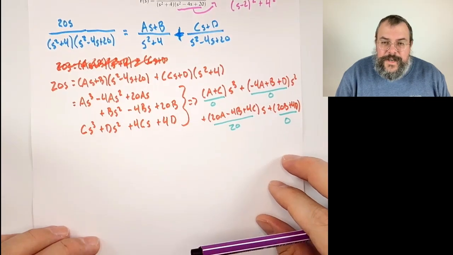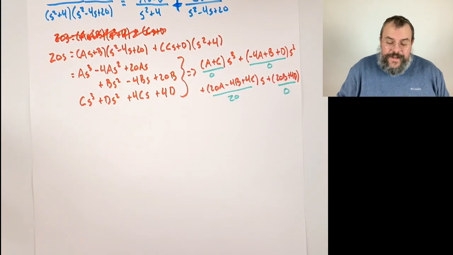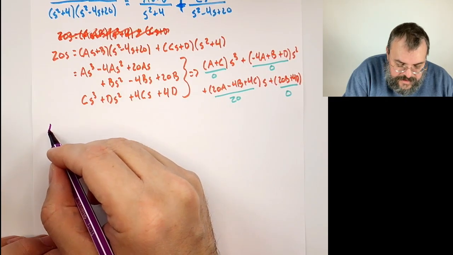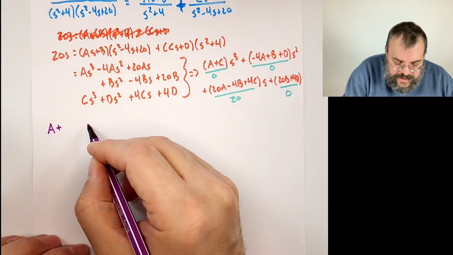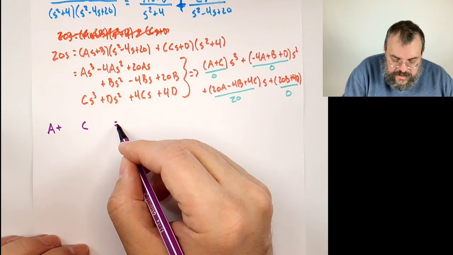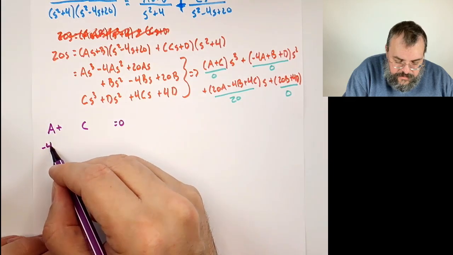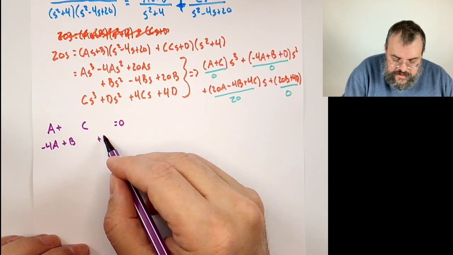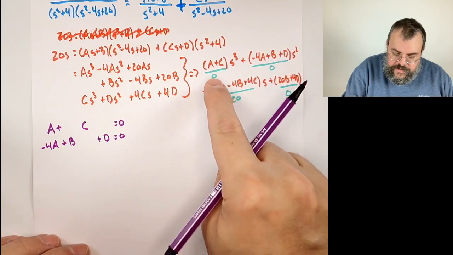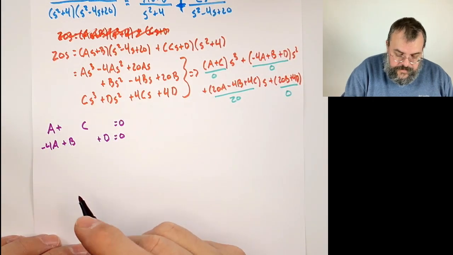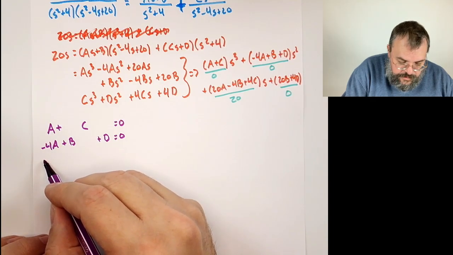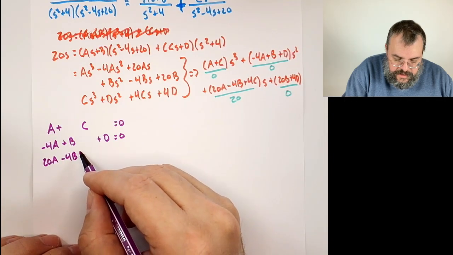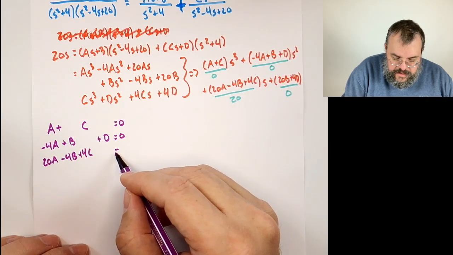So here we go. Let's do augmented matrix style. So how does that work? We're just going to set up our equations. Again, a plus c equals 0, minus 4a plus b plus d equals 0. So I'm just copying what you see here. And then 20a minus 4b plus 4c equals 0.